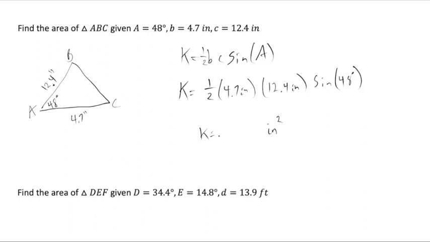So putting in 1/2 times 4.7 times 12.4 times the sine of 48 gives me an area of 21.66 inches squared.